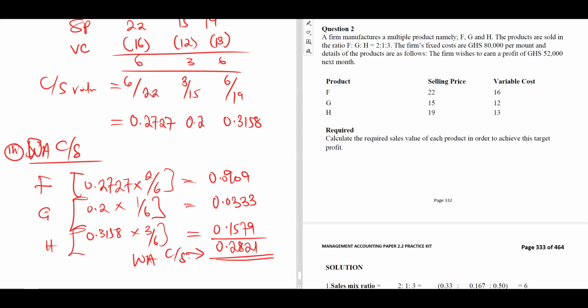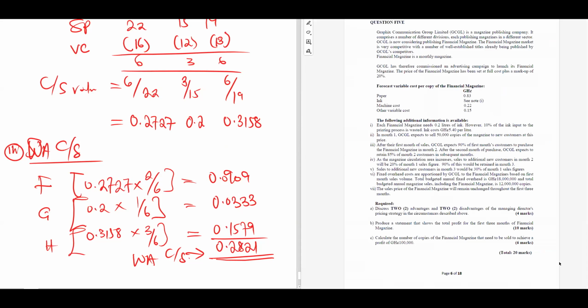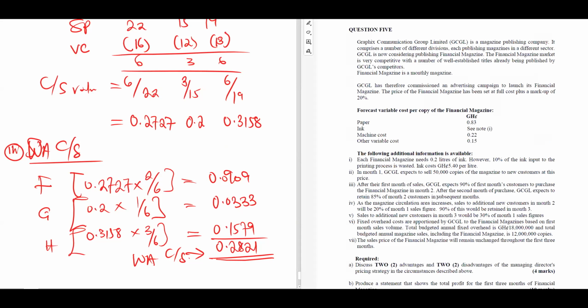November 2019, why? November 19, question 5A. Let's start with that one. We are November 19. Let's go to question 5. Okay. I'm there. November 2019, question 5A.